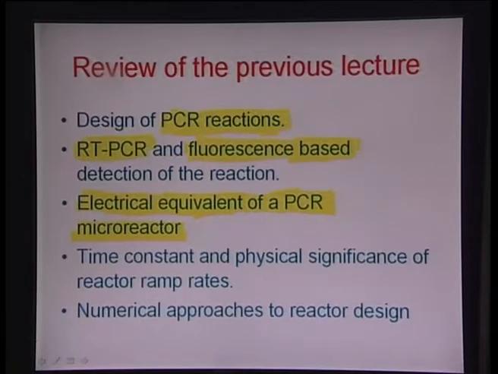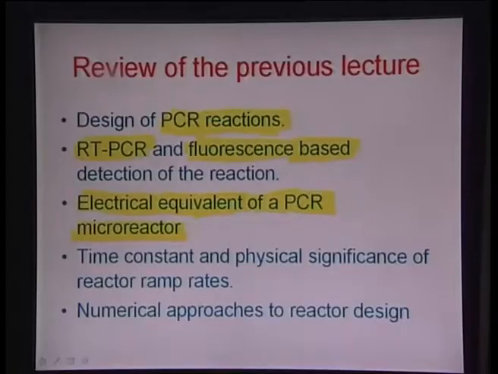So you are spreading out a bulk volume into a thin surface film, and using the surface area for promoting higher heat transfer rates, and thus quicken the ramp up and ramp down times, so that the overall cycle time gets reduced. And the PCR reaction happens much more quickly in the microreactor mode.